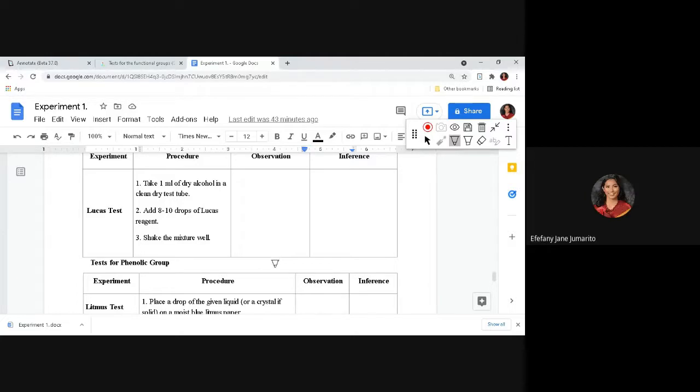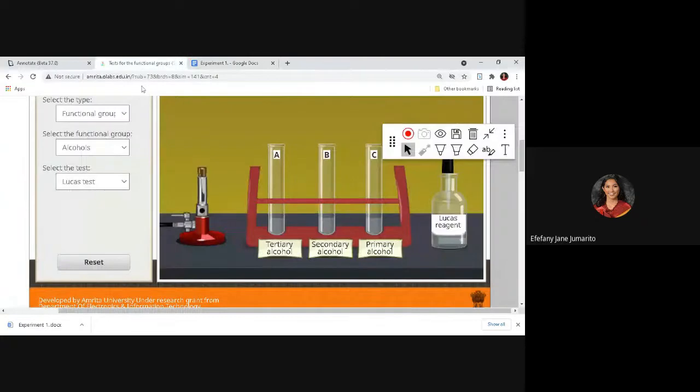Okay, you take 1 ml of dry alcohol. Actually, class, we have 3 test tubes: test tube A, B, and C. So we put 1 ml of alcohol in each test tube.